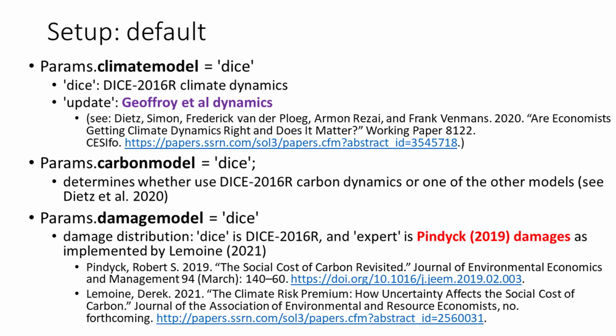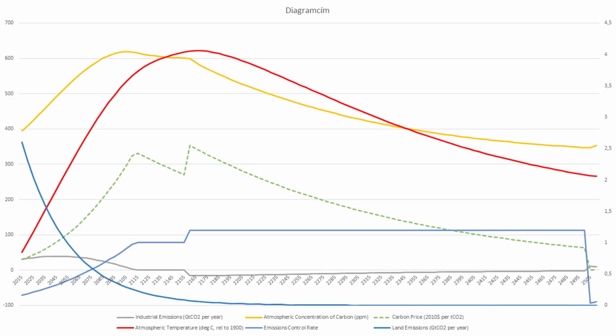So this is just DICE, the baseline model, and we can see what will happen with atmospheric temperature: it will go up within 200 years by 4 Celsius, then sooner or later it starts to decrease, but it remains at 2 Celsius, the positive level, even 500 years later.